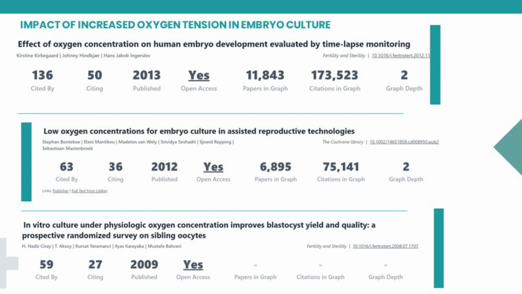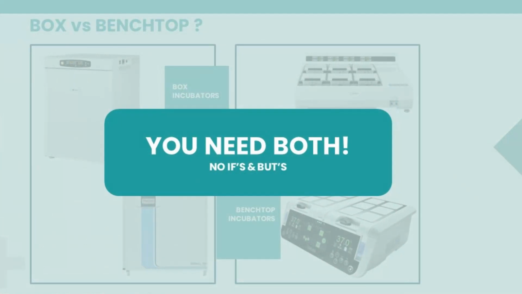So as scientists, unless it is proven otherwise by more prospective studies on the long-term health of the progeny born out of atmospheric culture condition, let us all stick to what is more physiological, which is low oxygen tension of 5% and at times even lesser than 5%. So the verdict of box versus benchtop: you need both, no ifs, no buts.